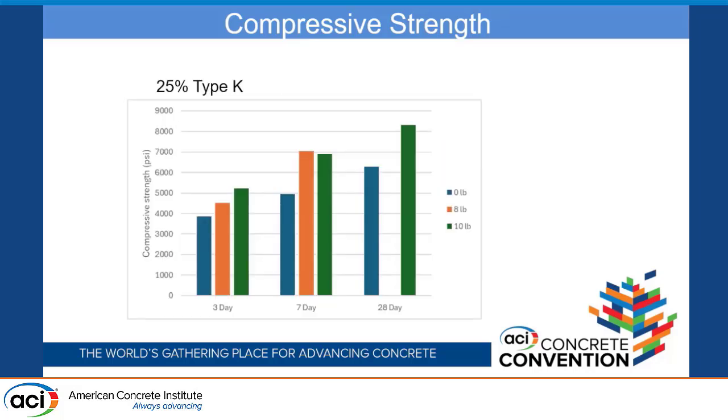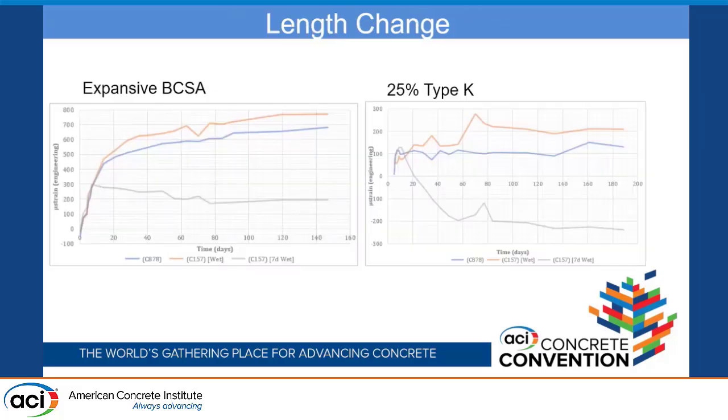So with our preliminary results with the 25% type K, we see a substantial increase in that compressive strength with the addition of either 8 pounds or 10 pounds of internal curing water per 100 pounds of cement. And then where I'm going to end is the ongoing parts that I don't have results to present to you yet.